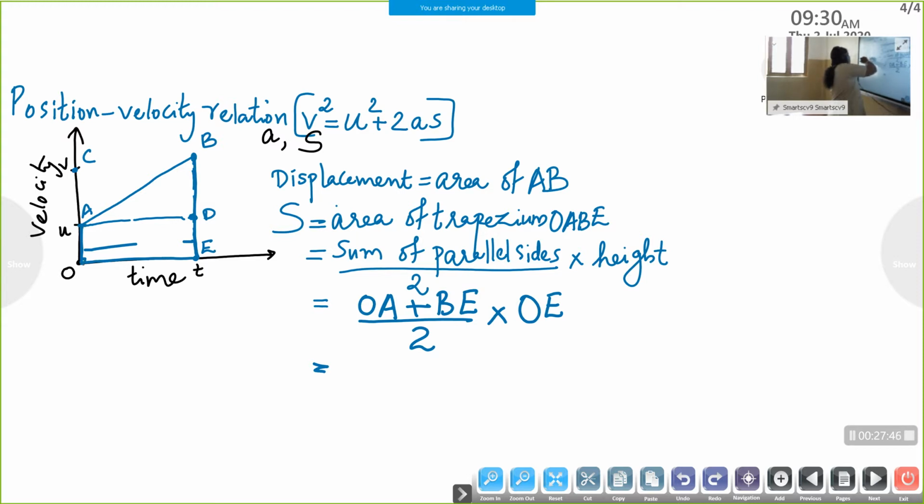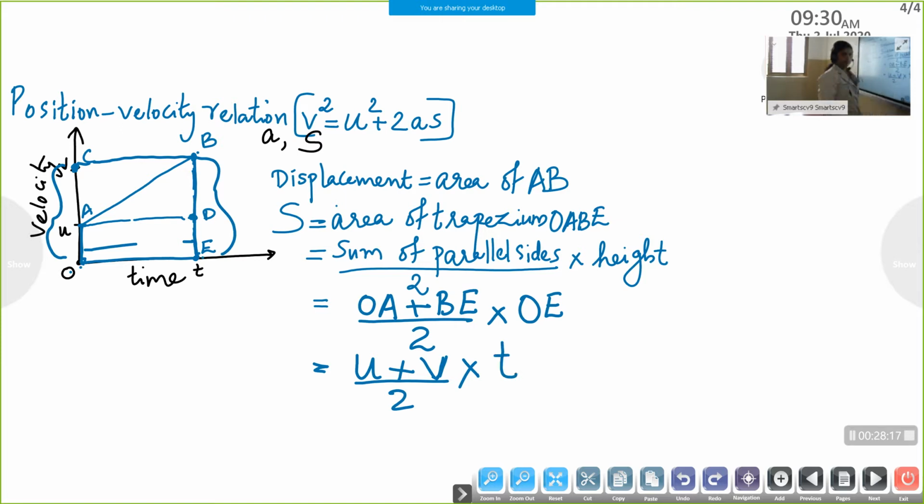OA is u minus 0, that is u, and BE is v minus 0, that is v, divided by 2 into, children, this distance BE is equal to OC, and OC is v minus 0, that is why I have written v here. And OE, what is OE? OE is t minus 0, the time taken. Then I am going to write it as v plus u by 2 into t.